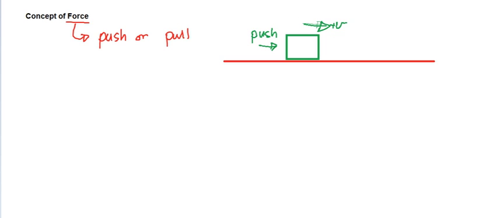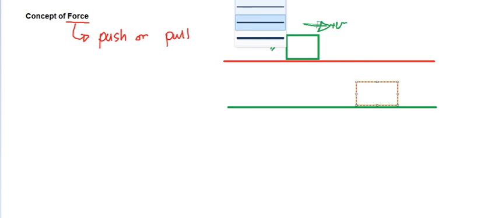Or the other way around, let us have another scenario. The same thing, assuming that I have here an object, and you wanted to move the object in the left direction. Then you don't want to push the object. Rather, you're going to pull.